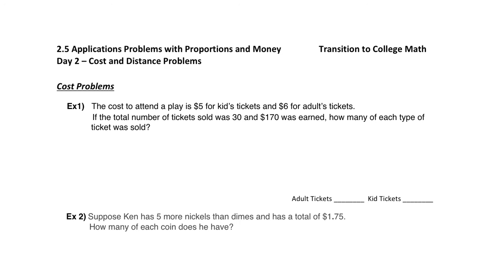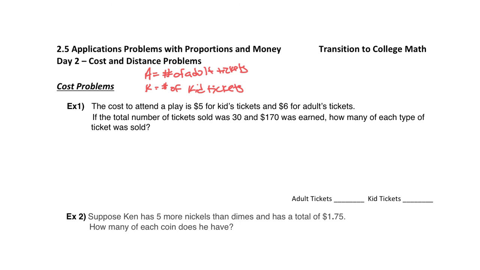So we would start by saying A is equal to the number of adult tickets. K is equal to the number of kid tickets. Now, each kid ticket sells for $5.